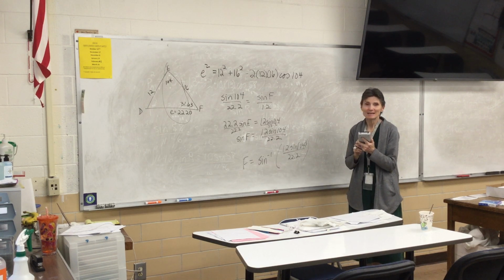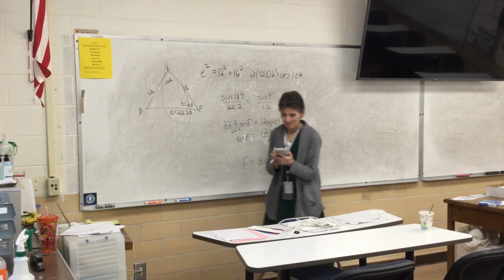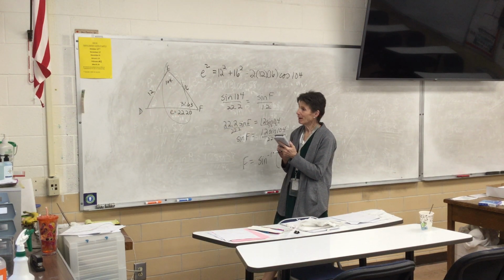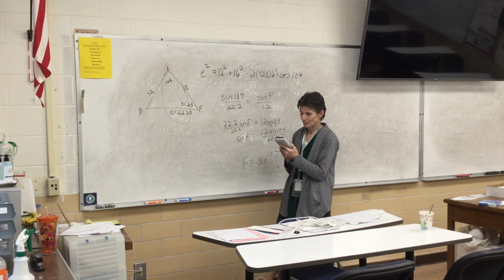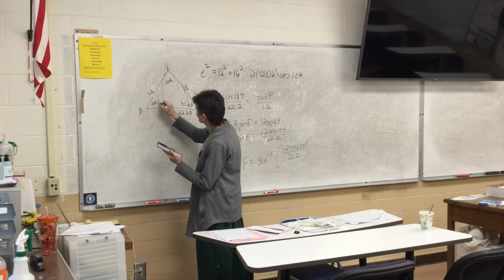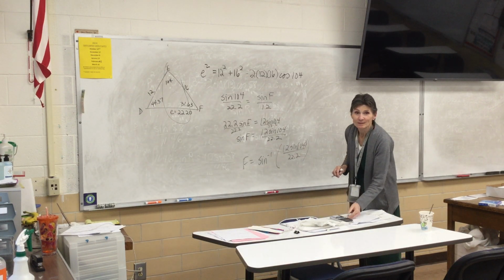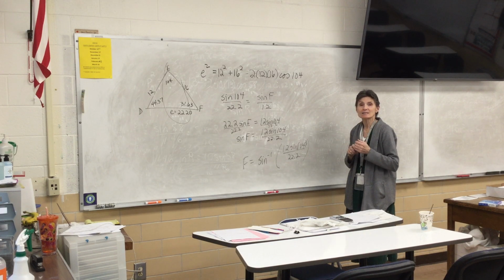And once you find angle F, then you're home free to find D, because it's going to be 180 minus 104 and 31.63, 44.37. And there you go. The triangle is solved.